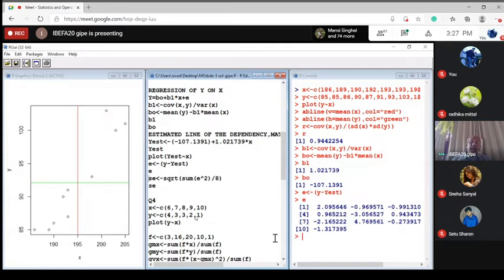So how many data values are below the line?